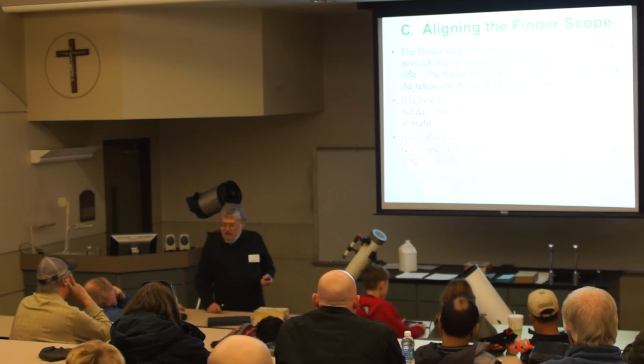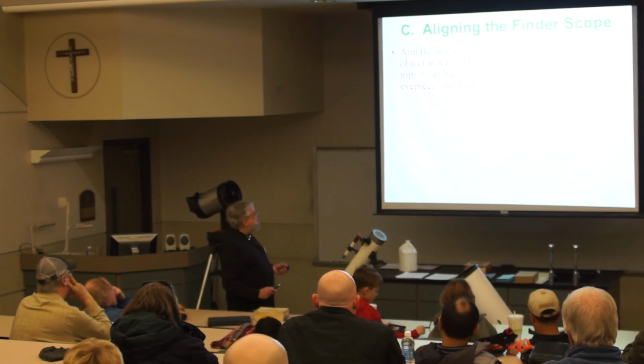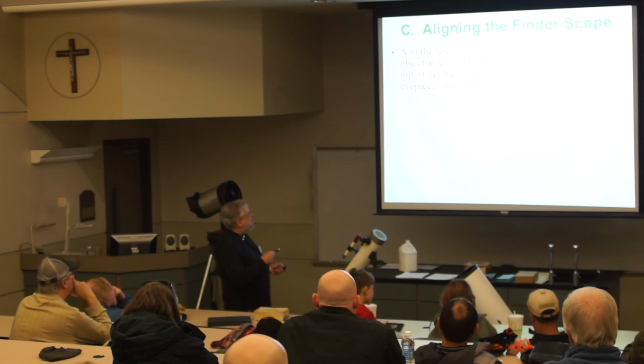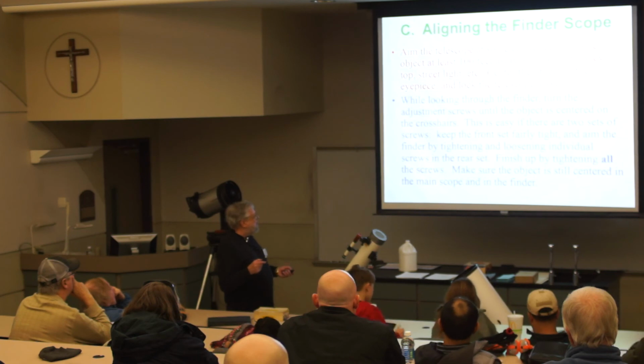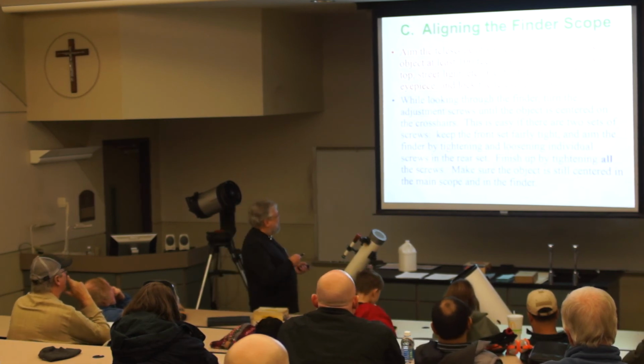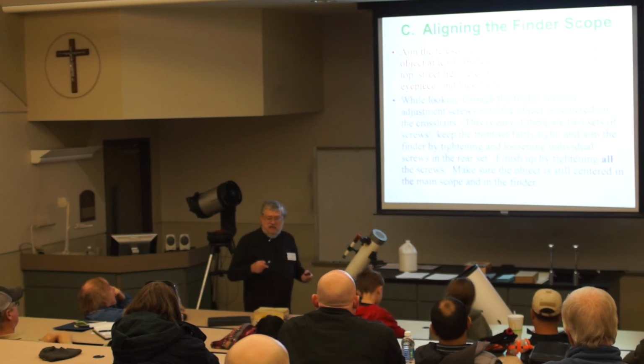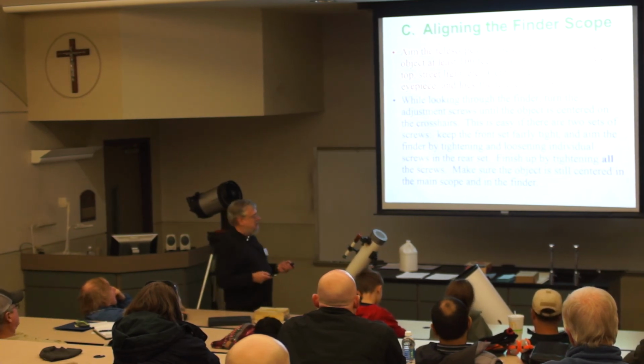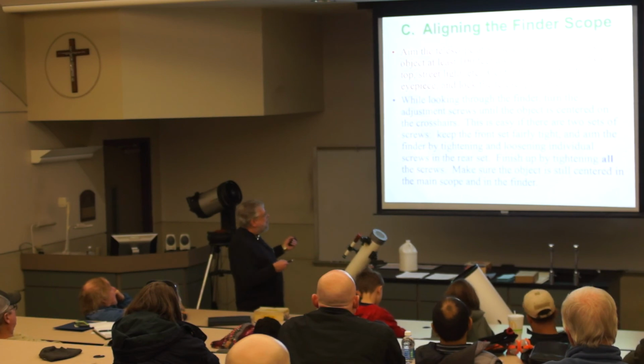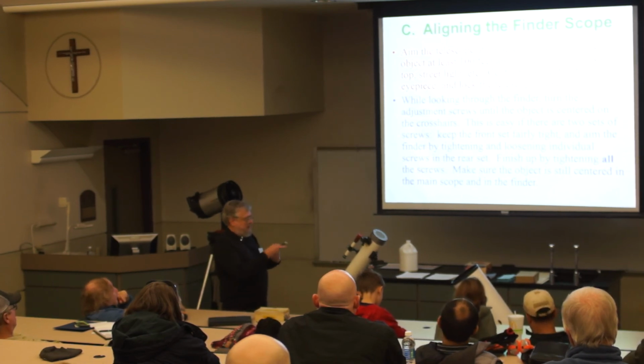Now it's not exactly aimed until you do it with a star. So after you do it in the daytime on some relatively nearby object, try it with higher and higher magnification eyepieces until the chimney top or light on the top of a radio tower will come back and be in the eyepiece when you get it centered in the finder.